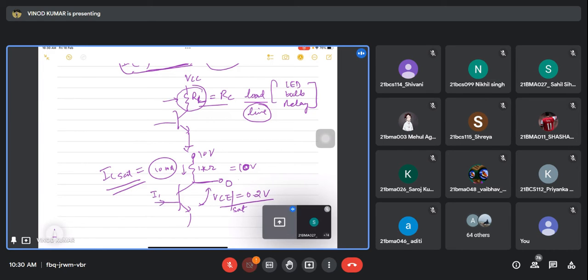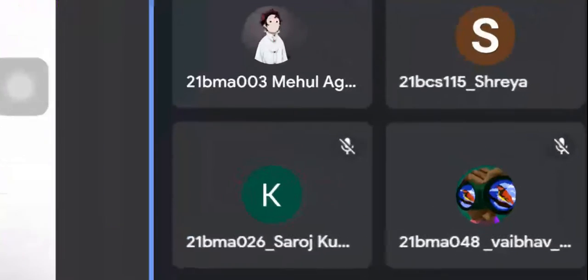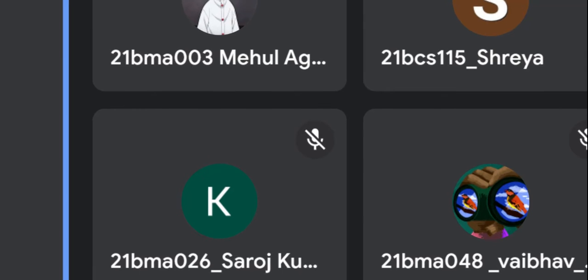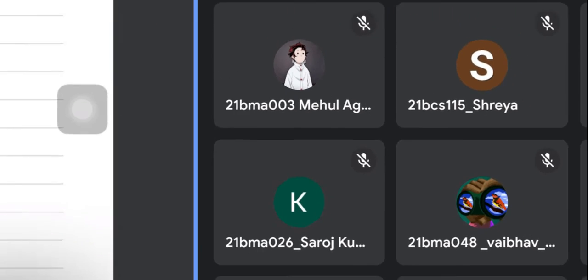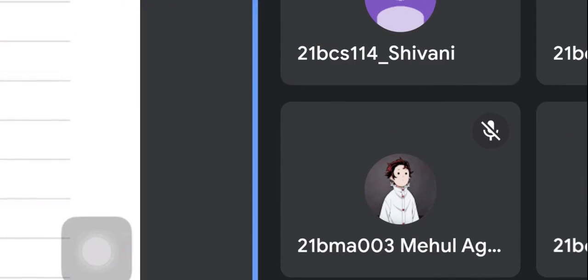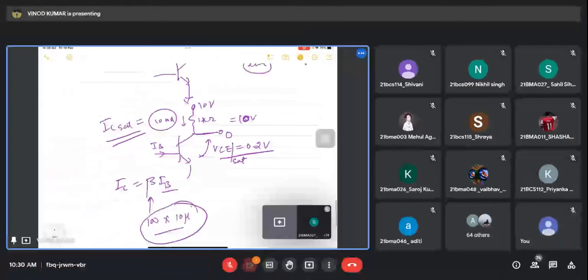So it depends upon IB also, because IC is nothing but beta IB. And it also depends upon beta. Beta is 100, and this is maybe 10 micro, whatever the value is accordingly. So this is how we are operating it.